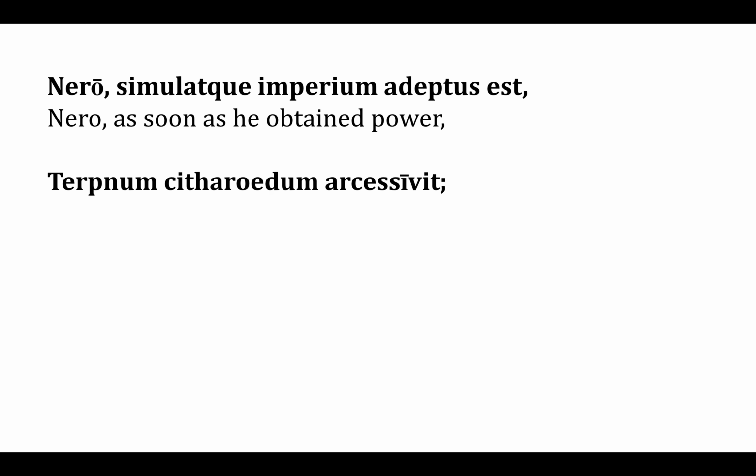And then after the comma, you have a name, terpnum, and that name would be given to you as terpnus. So you can immediately see terpnum and kitharoidum, which means lyre player, are accusative. So the subject of this verb arcesivit must still be Nero. So Nero summoned arcesivit, and then we have our object terpnum kitharoidum, the terpnus, the lyre player.